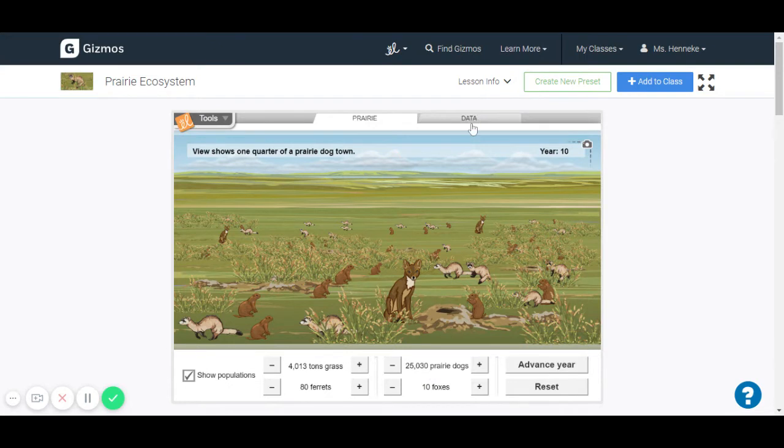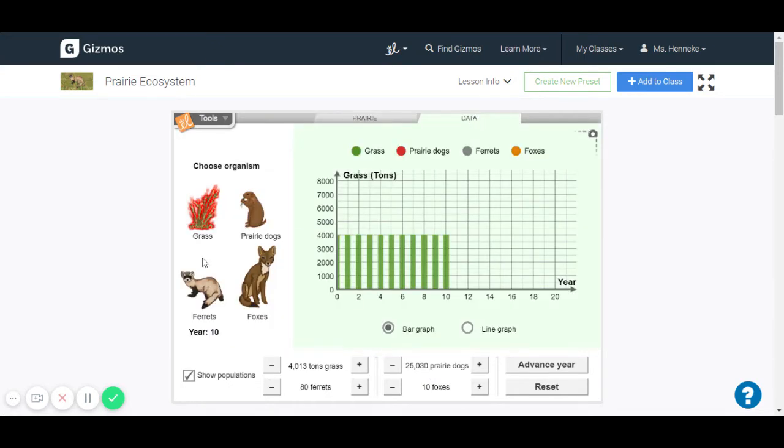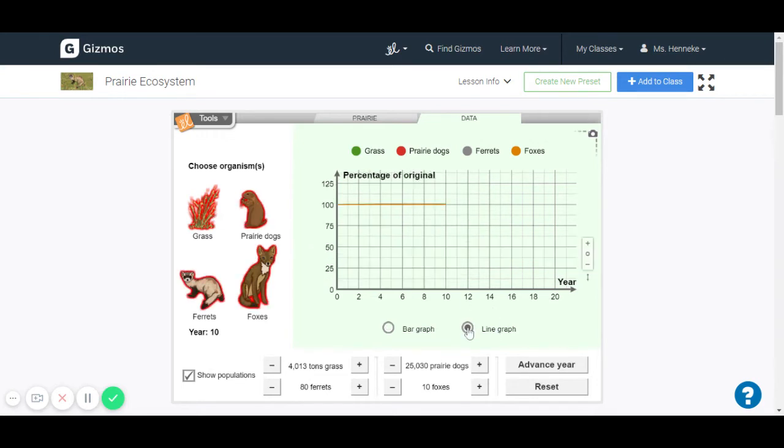If I look here at the data, I can see that right now grass is selected. I'm going to change this to a line graph so that I can see all 4 organisms at once. Looking here, it tells me the population based off of percentages. I can see that this line is stable.